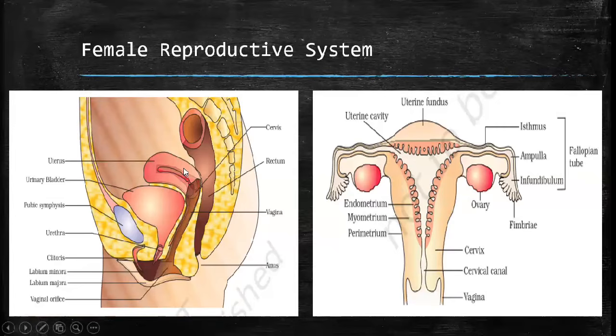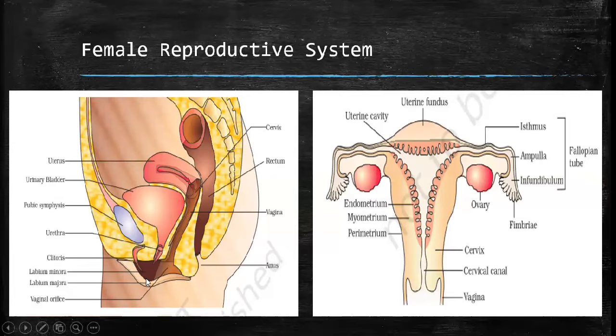Guys, please pay attention. We have the uterus or the womb, but the scientific term is uterus. And then we've got the cervix, which is the doorway into the uterus. And then we've got the vagina, which receives the penis during copulation.